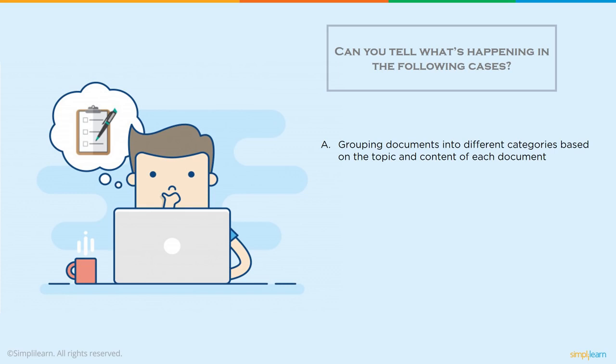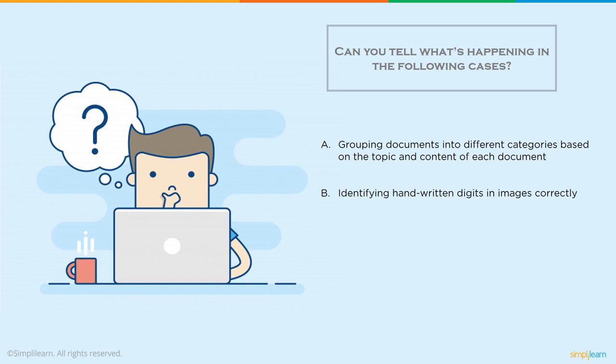So the first one is grouping documents into different categories based on the topic and content of each document. Very big these days. You have legal documents, maybe sports documents, maybe you're analyzing newspaper postings, but certainly having that automated is a huge thing in today's world. B, identifying handwritten digits in images correctly.